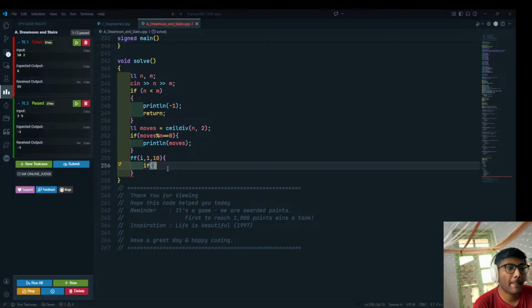Let's think that moves modulo m is something, let's say I need some number of moves. Now I want the nearest multiple of m around these moves.